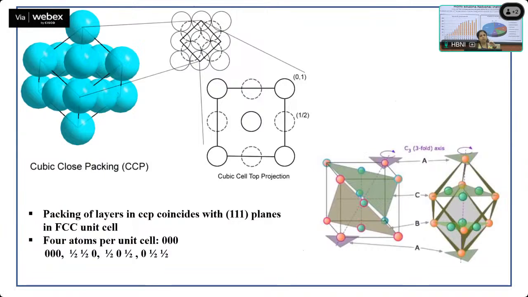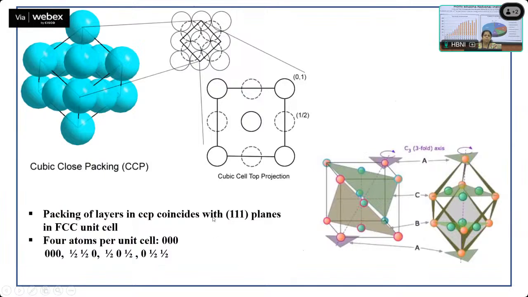So while the hexagonal unit cell is parallel in the C direction to your close packed layer, your cubic unit cell is actually tilted so that the close packed layers are along the 111 plane or direction of your face centered unit cell.